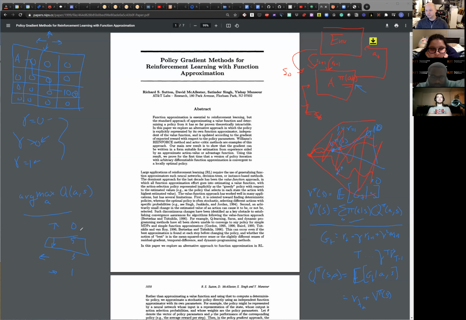But that's not really representative of the real world, or of most of the problems that we deal with. Often we're dealing with a policy that is more like a distribution. So I have a policy, and the likelihood of choosing an action is a probability distribution. Often this is parameterized by some kind of theta.